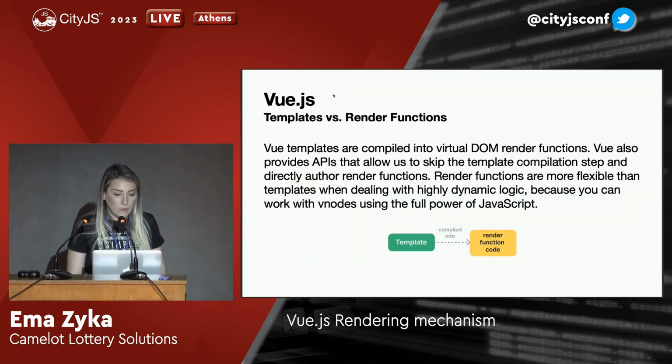Vue templates are compiled into virtual DOM render functions, as we mentioned before, but Vue also has APIs that let us skip this compilation process and create our own render functions and be able to, let's say, do more complex things and leverage anything we want by using more features of JavaScript.